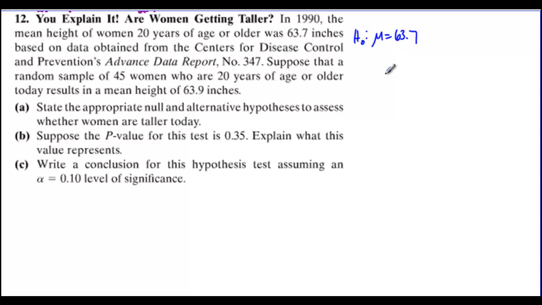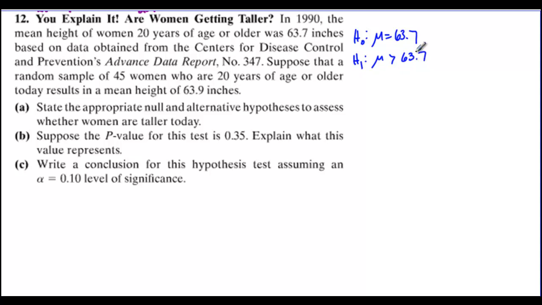So we're trying to see if the mean is taller, if it's increased. So our H1 is going to be that mu is greater than 63.7. Again, we're going to be using mu for both and the same numbers. It's just these symbols in between. Your null hypothesis is always equal. And since A is asking us to determine if they're taller, then we're trying to figure out if mu has increased or if it's greater than 63.7.